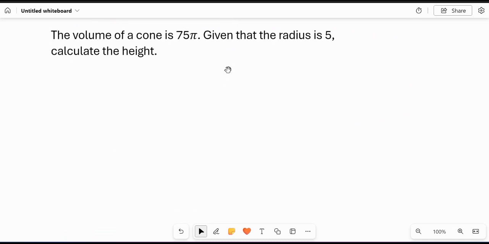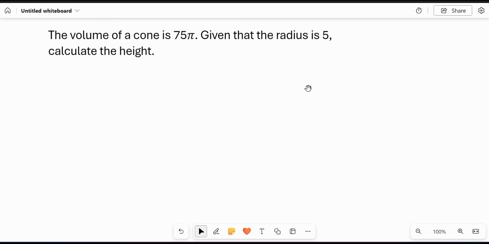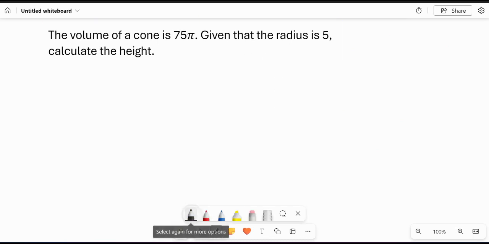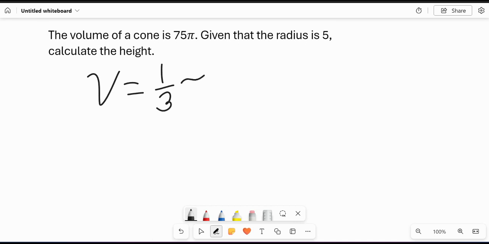Ooh, volume of a cone is 75 pi. Given that the radius is 5, calculate the height. All right. So my volume of a cone formula is 1/3 pi r squared h. Okay. 75 pi goes in for v.